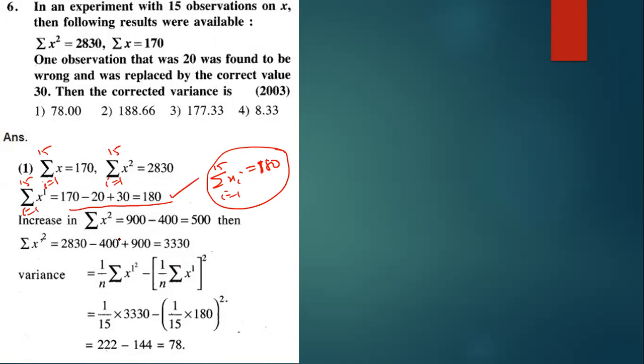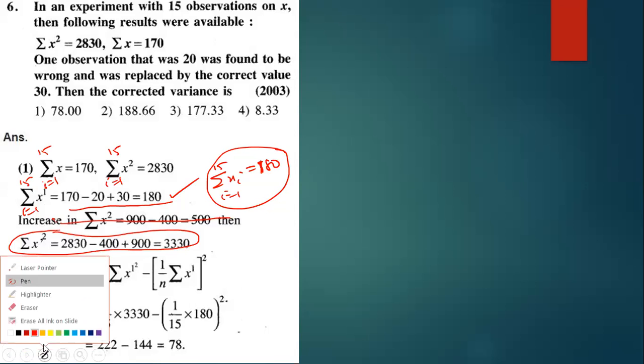Fine. But how to find sigma xi square? See carefully. Sigma xi square total value is 2830 minus 20 square plus 30 square.